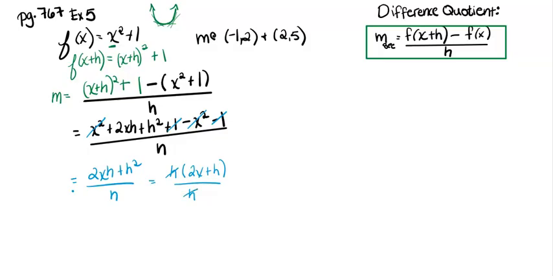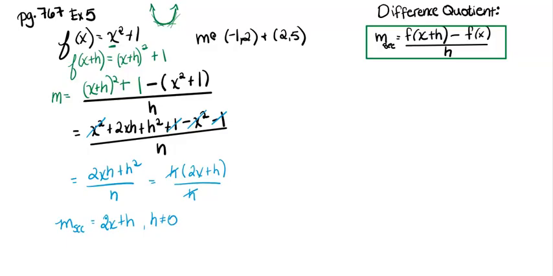So the slope is going to be 2x plus h. h cannot equal 0 because it was originally in the denominator. I have to show that it can't be 0 because my denominator cannot be 0, because this bottom function here is derived from this top function by using the difference quotient.